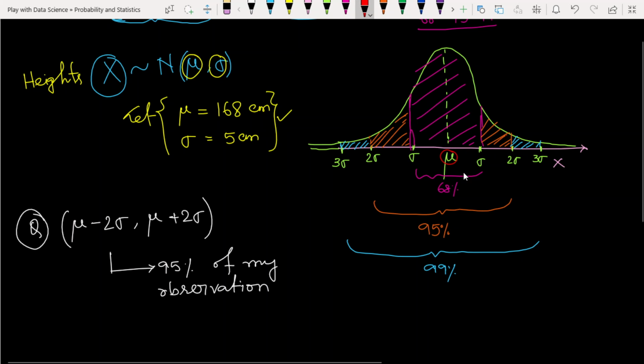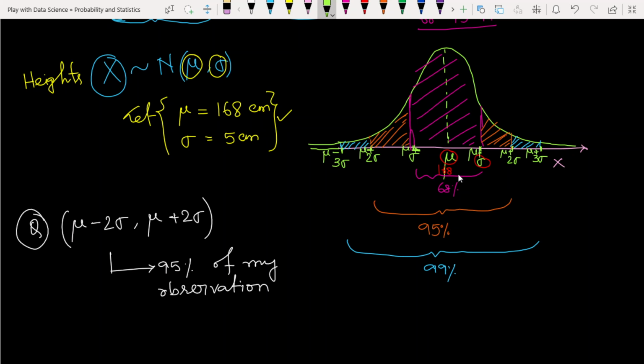Mu is simply 168. On this side everything is mu plus, and on the left side everything is mu minus. Mu plus sigma means what?